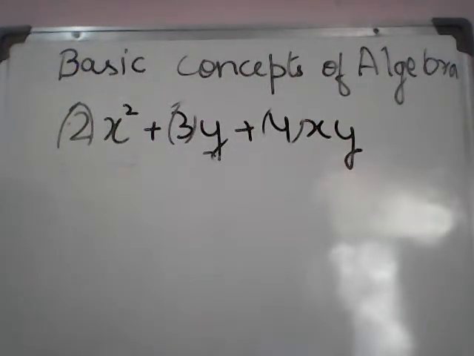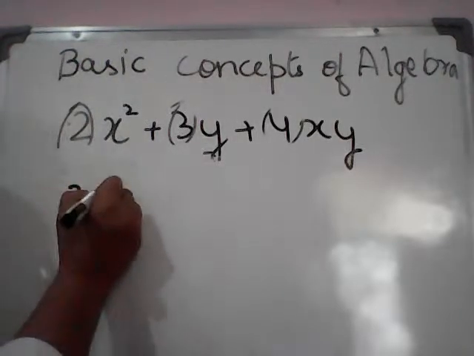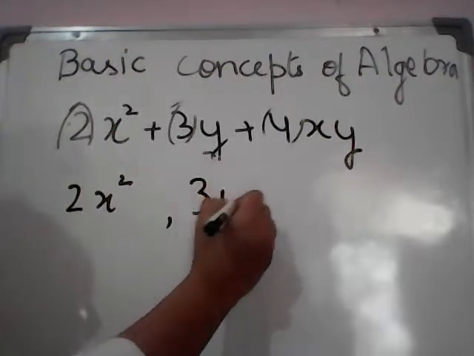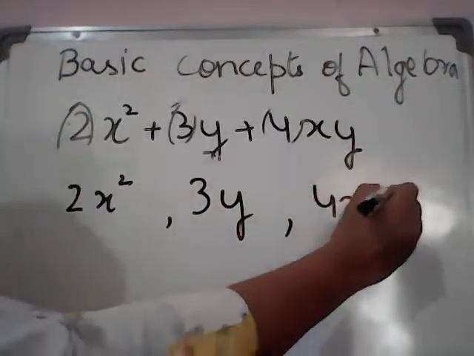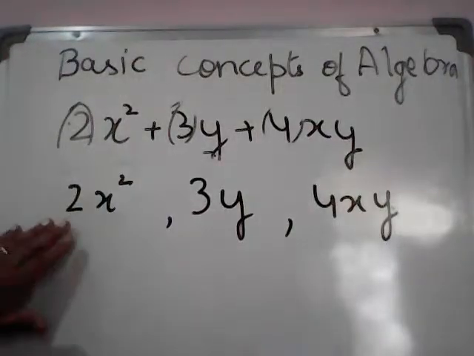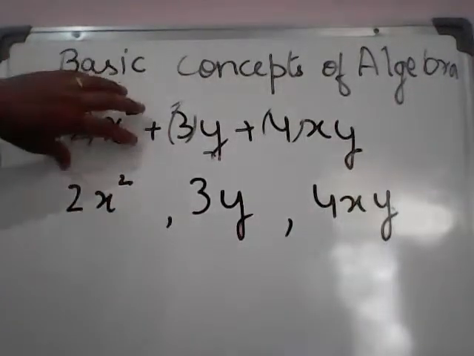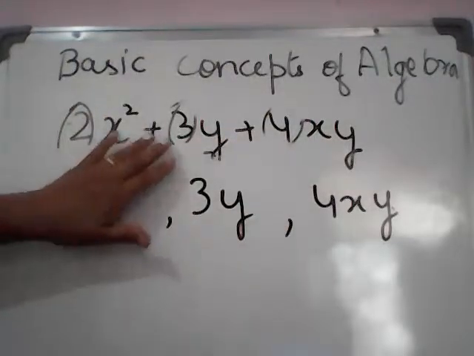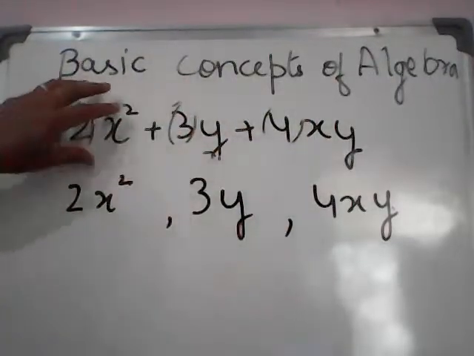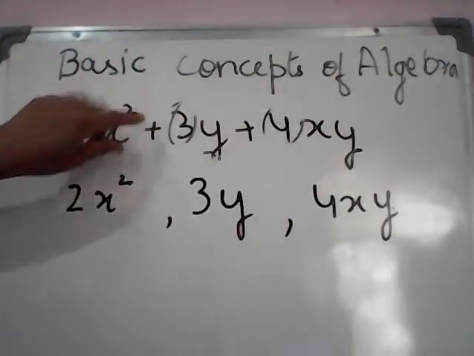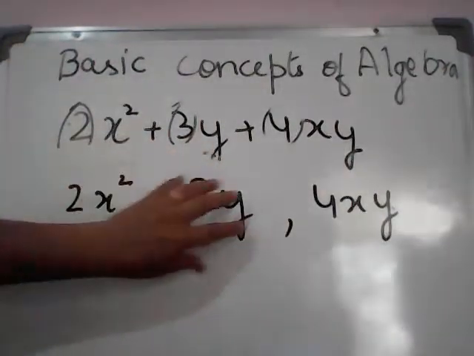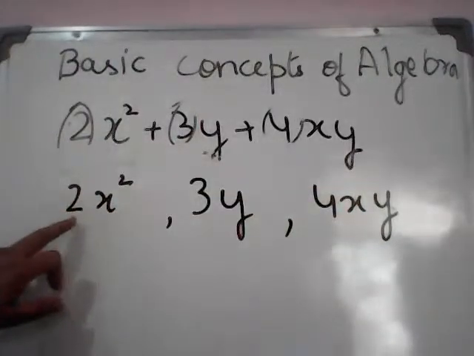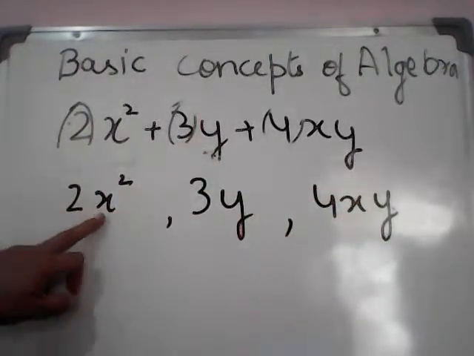Here 2x square is one term, 3y is another term, and 4xy is another term, because these are separated from each other with a plus sign. Here we can have minus also. So if a few constants and variables are separated with plus or minus sign, they are considered as one term. And in between them, we can have multiplication and division signs.